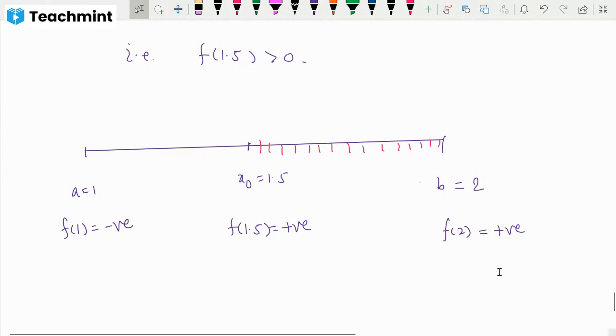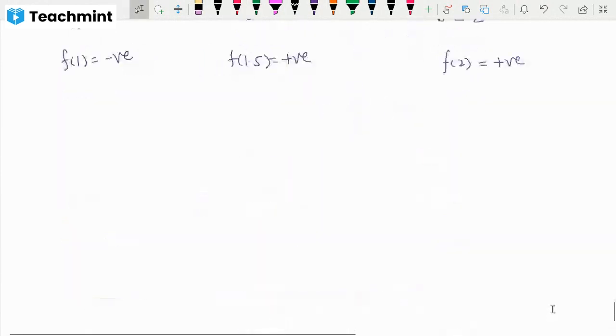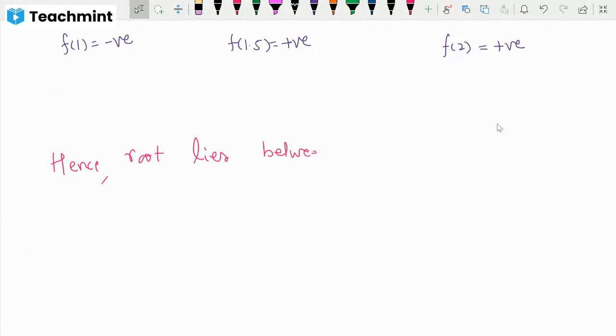Hence our root lies between 1 and 1.5. So what is our next step? Step 2, or iteration 2.